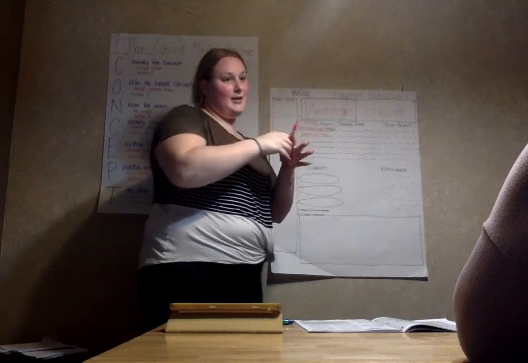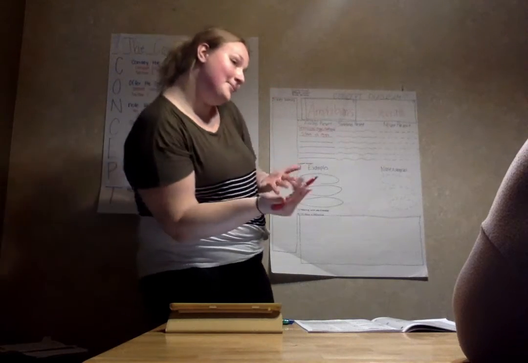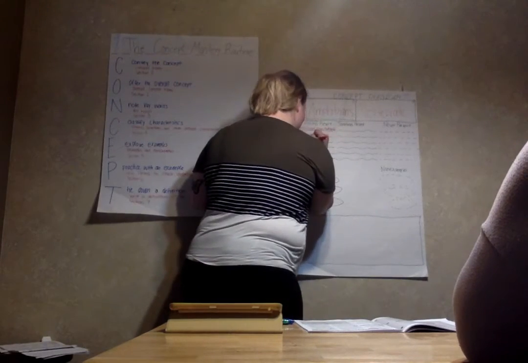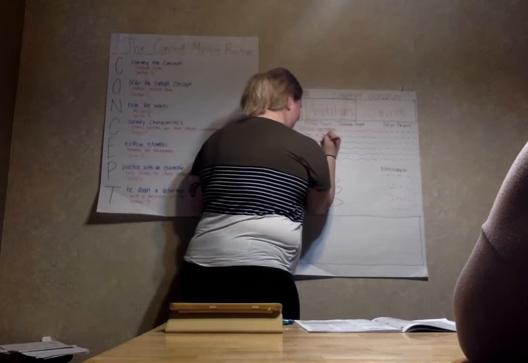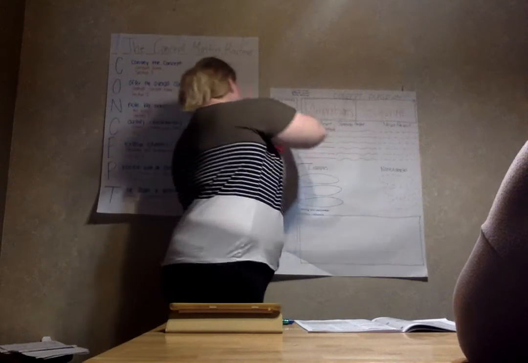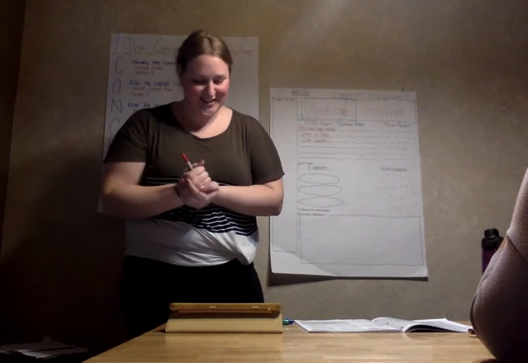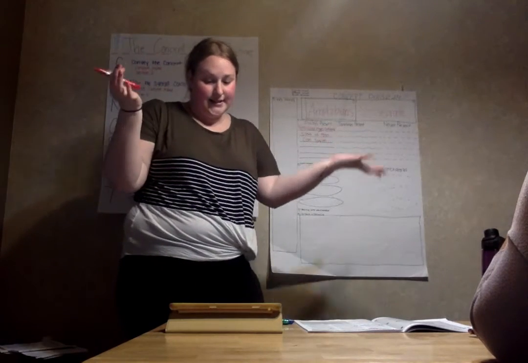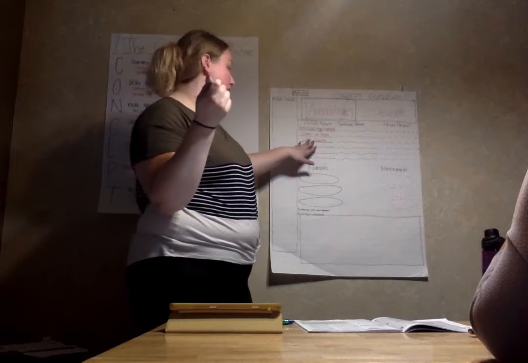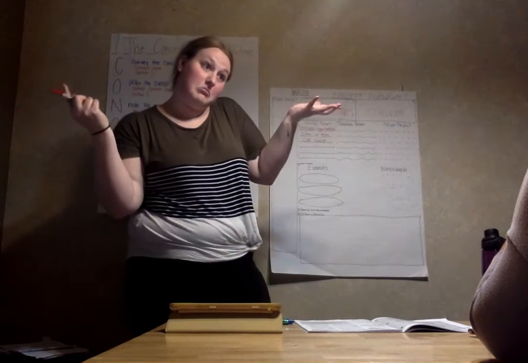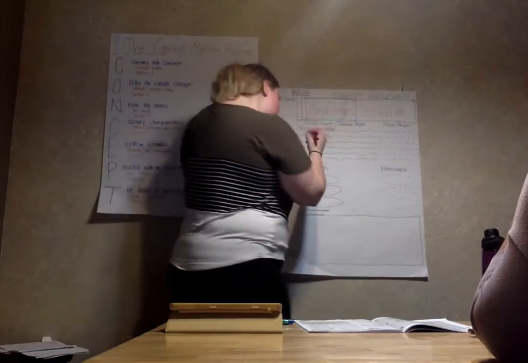But an amphibian maybe can swim. I love it. Something else that they can do, because they can swim, they can breathe in water. Would that make sense? Yeah, that makes sense.